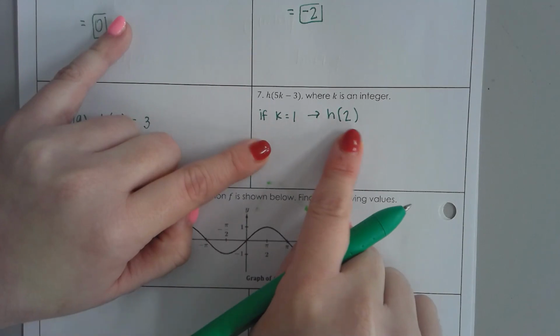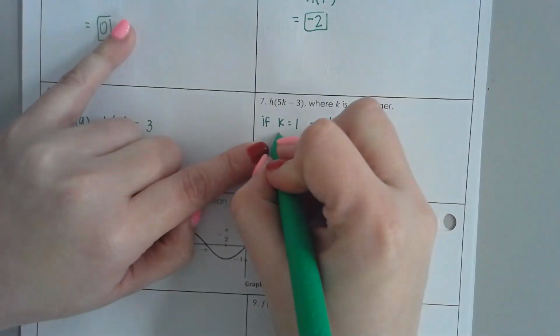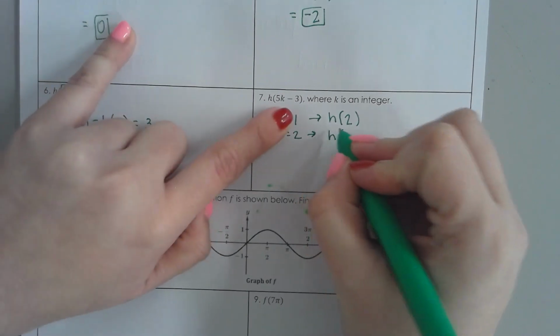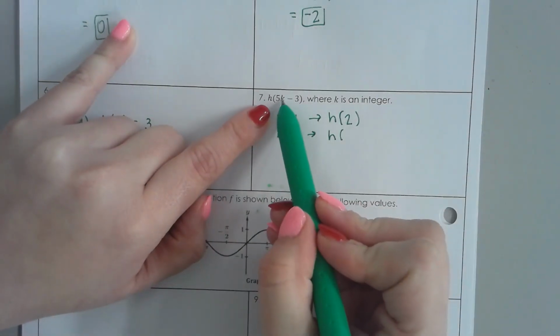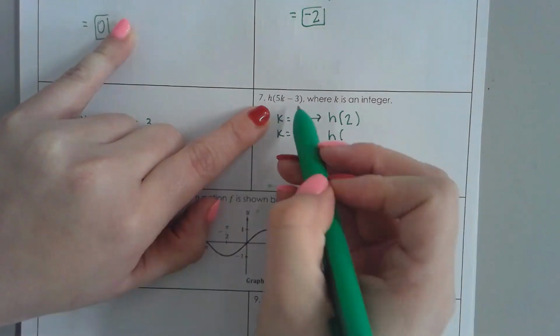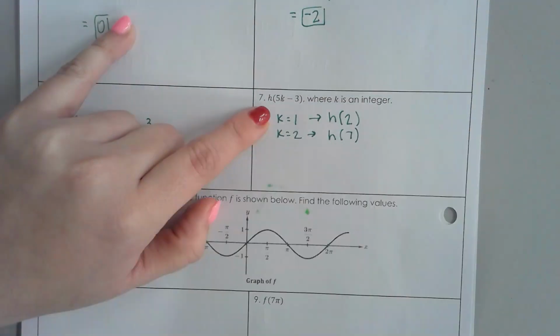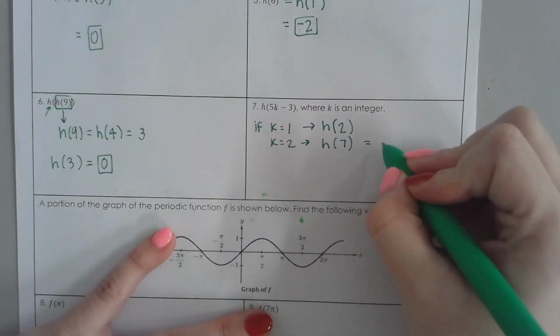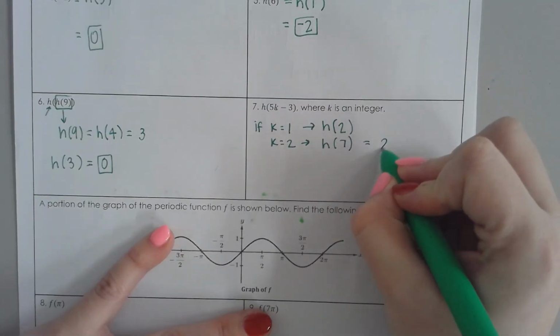We don't have h of 2. If k is 2, that would be the same thing as h of 10 minus 3, which is 7. What is h of 7? 2.